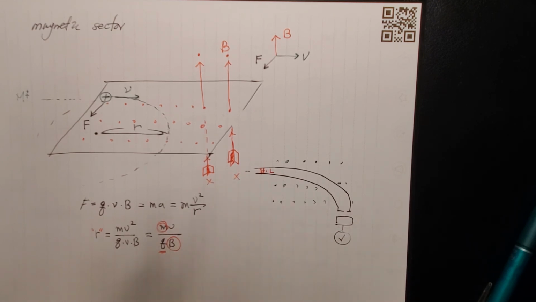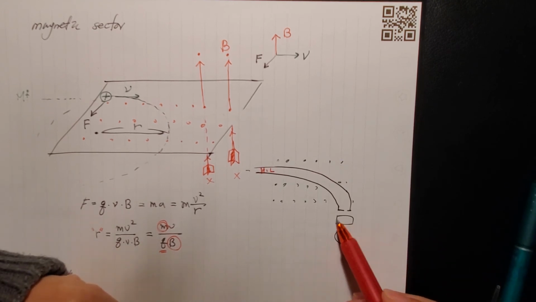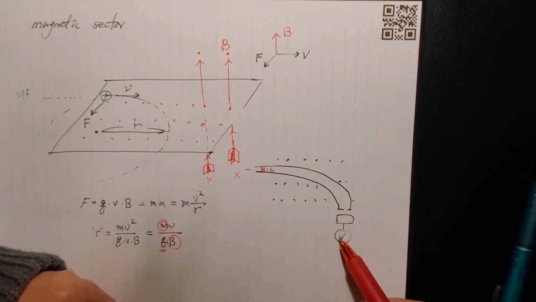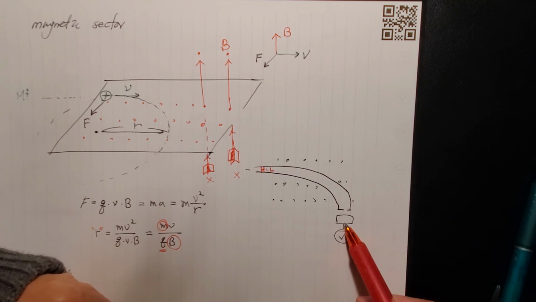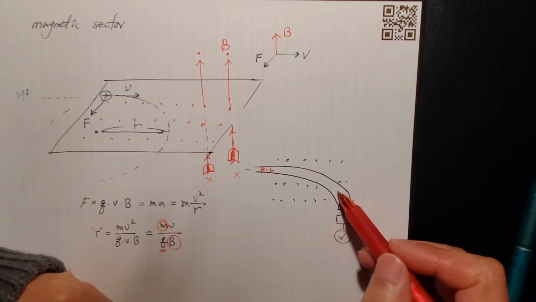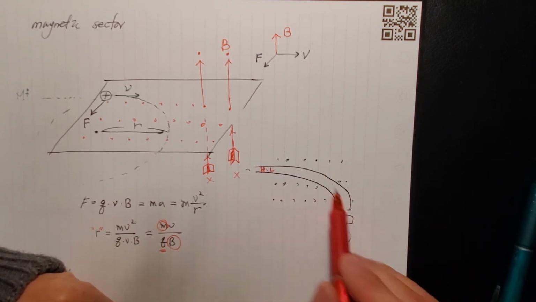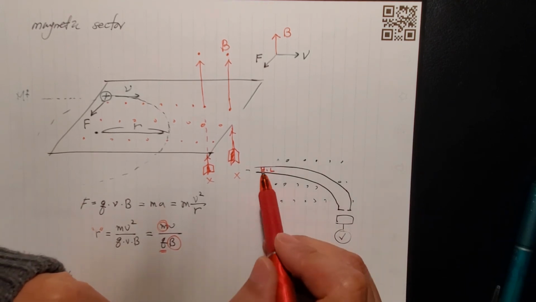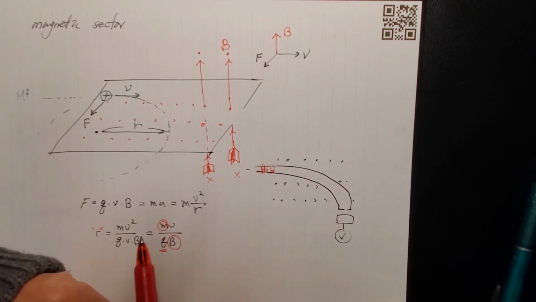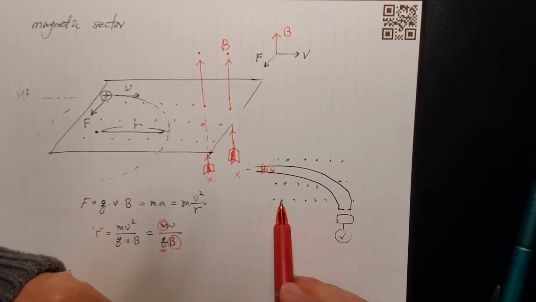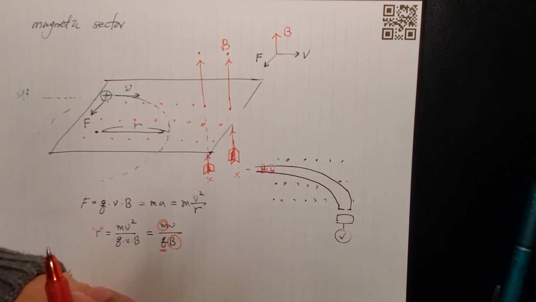Remember the magnetic sector, one of the analyzers, and there you have a voltage measuring detector when the ions come through the analyzer. Say you have heavy ones and light ones entering the magnetic sector, and there you have the magnetic field.